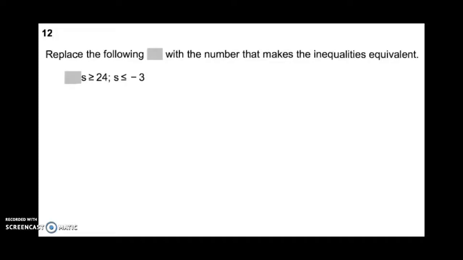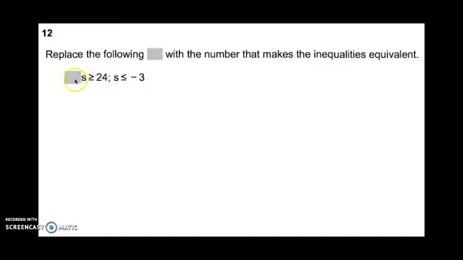Now, number 12 might look a little tricky, but visualizing what's going on there, it's actually not too bad. So this is saying we're looking for this here. So something times s greater than or equal to 24. Now, since we're told our answer over here is s is less than or equal to negative 3, to get this s by itself, we move whatever this is away from it.